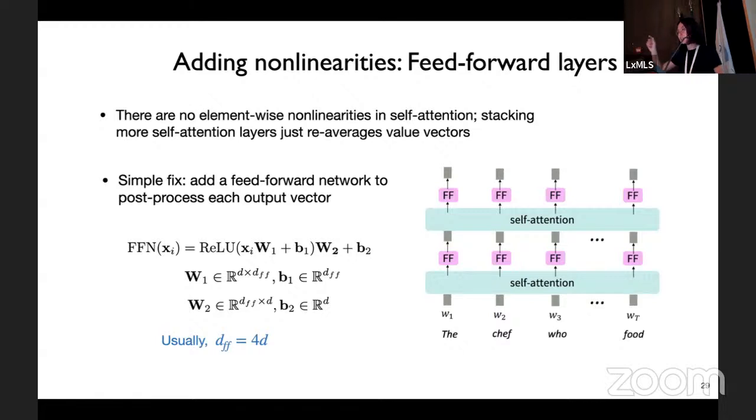So the intermediate size can be different from the hidden size, and usually it's larger. By default, and I don't know how they came up with this value, the feed-forward dimension is 4 times the hidden size. So DFF should be 4 times D.